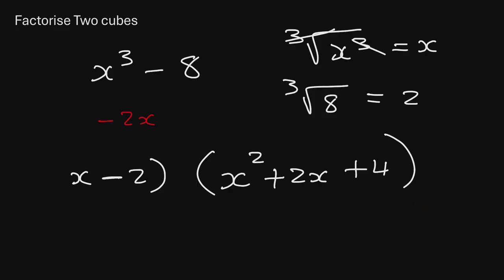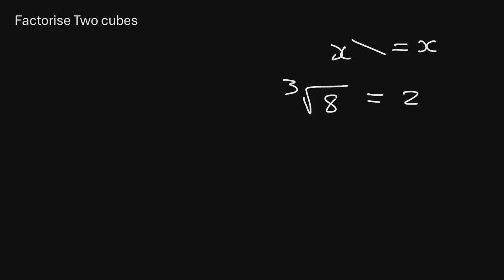So let's say, for example, we have the following problem. Please feel free to pause the video and try this on your own. Let's say we have x cubed plus 64. The first thing that we do, we check if these two numbers are both perfect cubes. So we're going to put them under cube root.